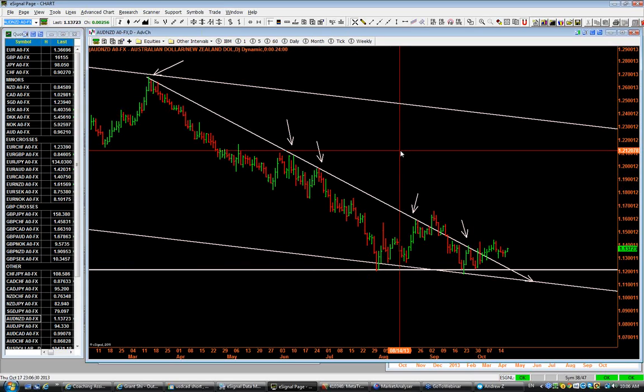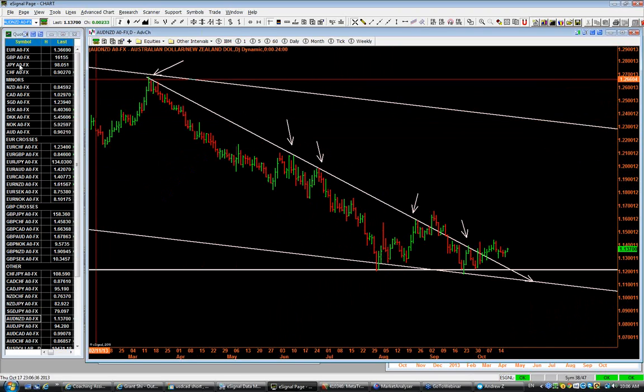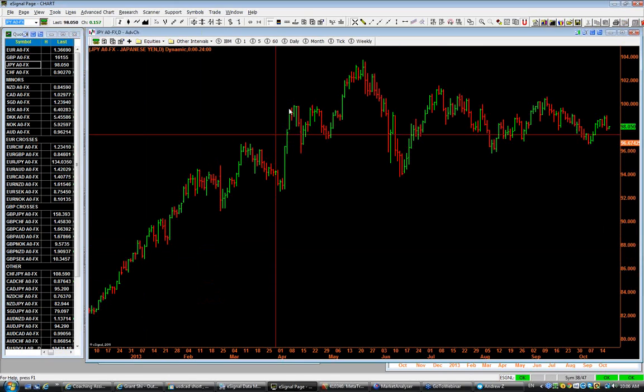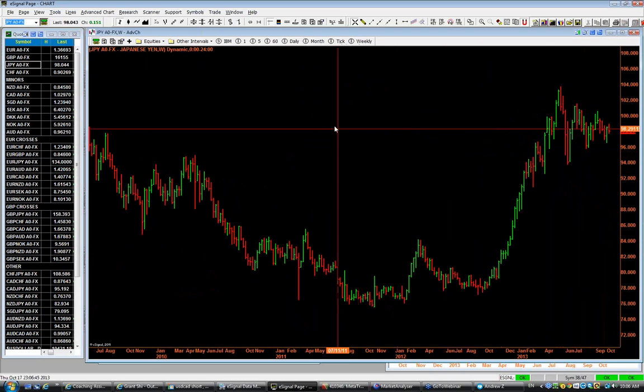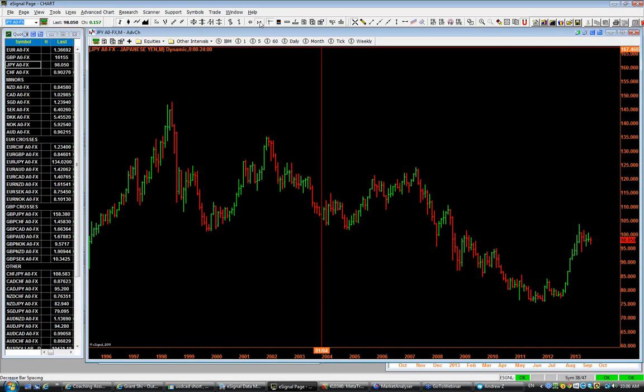Let's see how strong it is when the trend changes. A very good example is USD/JPY, dollar yen. Let's go to the weekly, starting on the monthly, and just draw the trend line.